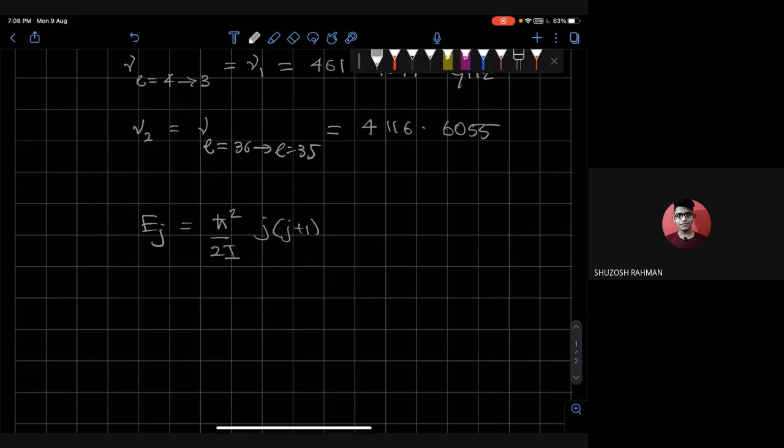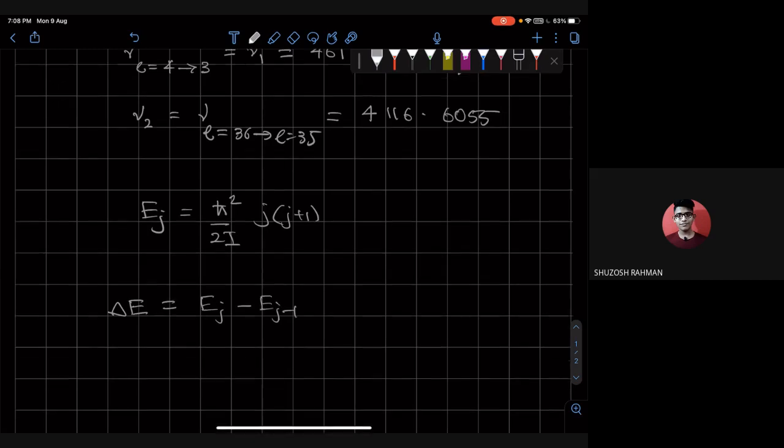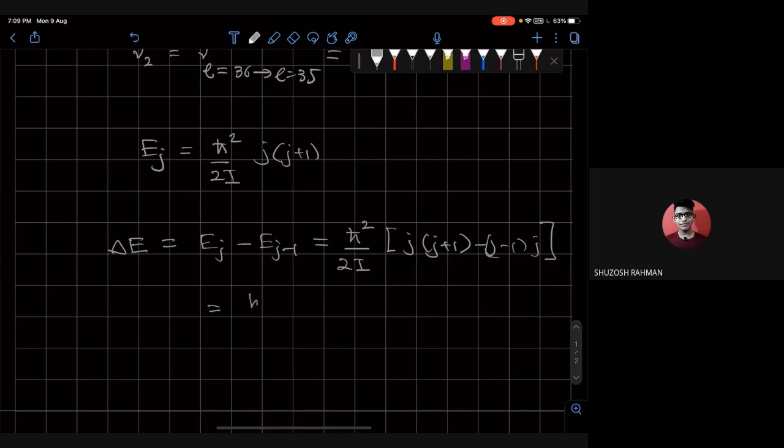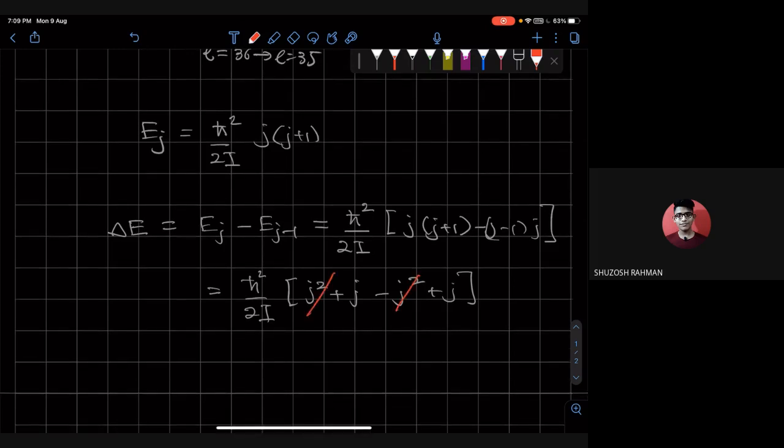If there is a jump from J to J minus 1, then it'll be E_J minus E_(J minus 1), proportional to h squared by 2I times J plus 1 minus J minus 1 times J. If I work this out, it's h squared by 2I times J squared plus J minus J squared plus J. The J squared terms cancel out, and what we have left over is J h squared by I. So this is for adjacent levels.